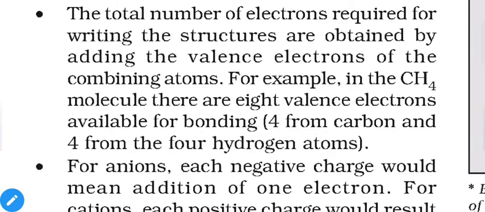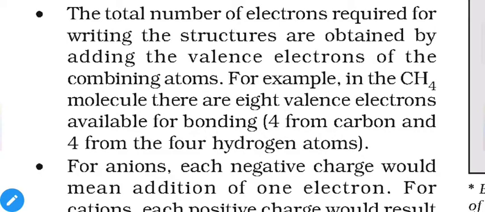The total number of electrons required for writing the structure is obtained by adding the valence electrons of the combining atoms. That means if we have two atoms in a molecule, then you have to count the total number of valence electrons of both of those atoms. As an example, in CH4 we have a total of 5 atoms, 1 carbon and 4 hydrogen.